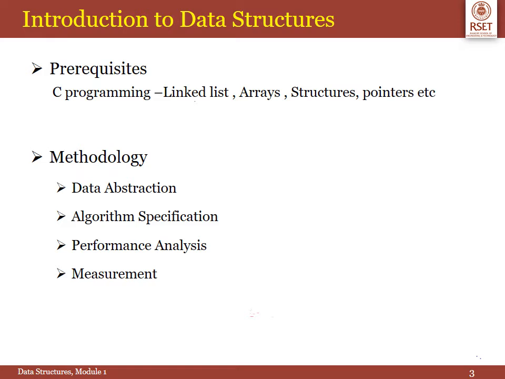Technically, data abstraction is normally presented in the OOPS concept, like in C++ or Java, where you have classes which hold the data and its corresponding operations in a single class. To access that class, I need the permission of the programmer who has programmed it.